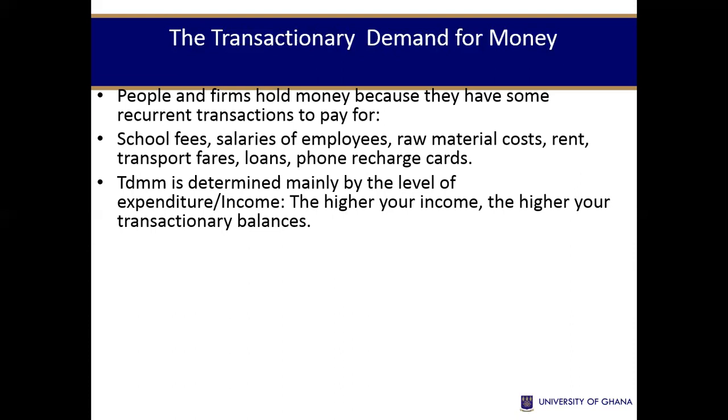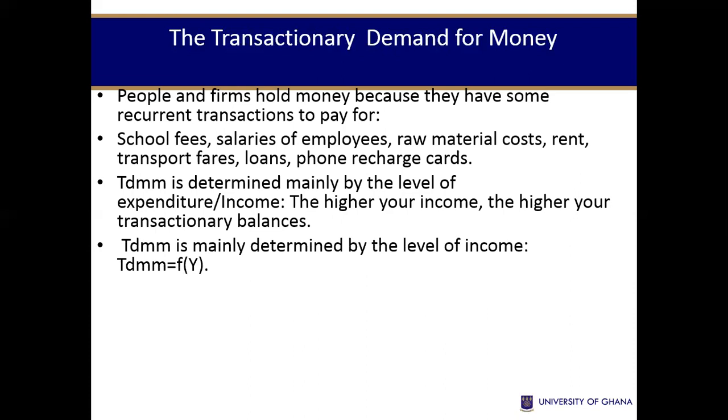There's also the use of credit cards and all those things. But for the purposes of this model, we are just interested in income and expenditure, which means that the higher your income, the higher the level of money that you hold for the transaction motive. So we can say that the transactive motive for holding money is a function of income. Specifically, it's a positive function of income. As your income rises, you tend to hold more money for transactions.